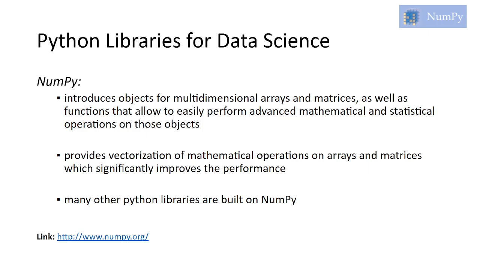Scientific computation is always supported with homogeneous data, and for holding homogeneous data, traditional programming uses the concept of arrays. Traditionally in Python this concept is not there. To incorporate concepts like multi-dimensional arrays and matrices for scientific computation, Python has a library which we call NumPy.